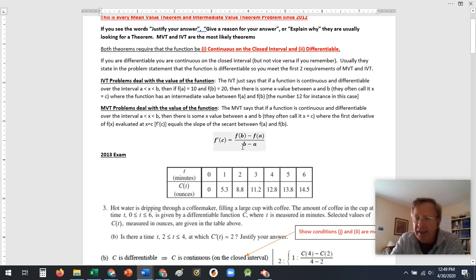This is the slope of the secant. This is the value of the first derivative at c. So they're just telling you that if the mean value theorem holds, there's some x value between a and b where the first derivative equals the slope of the secant.